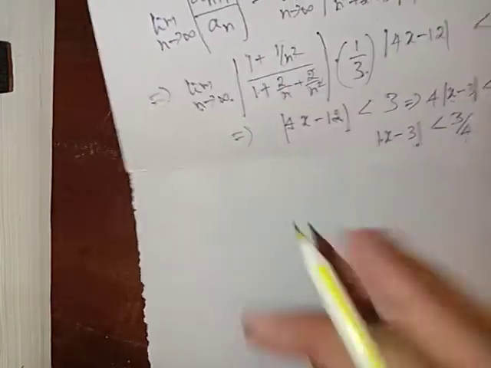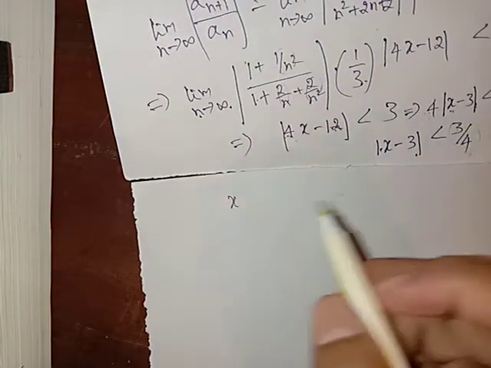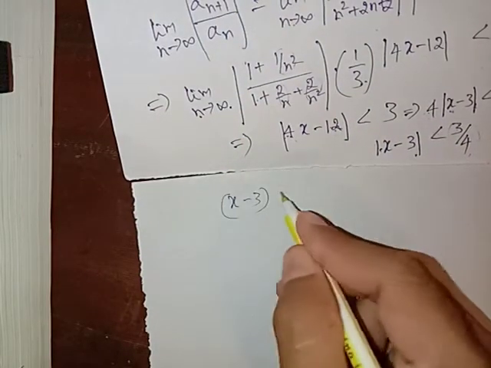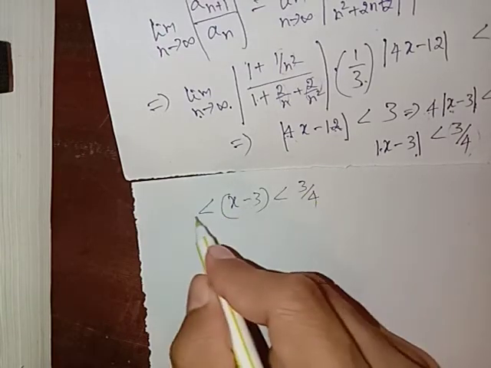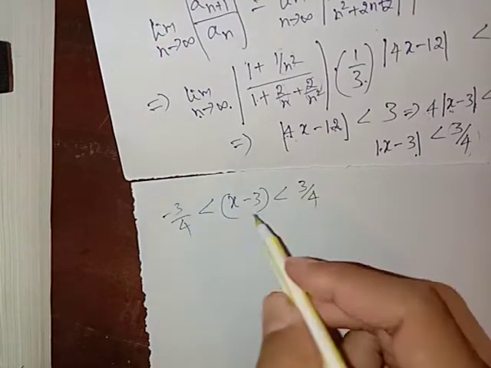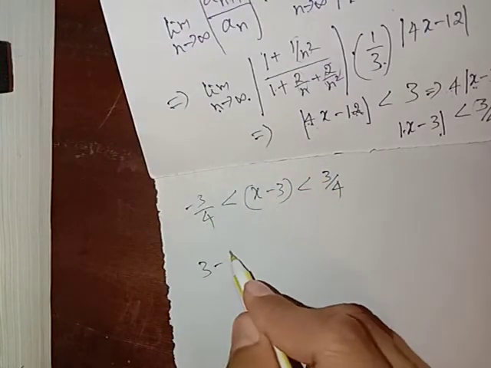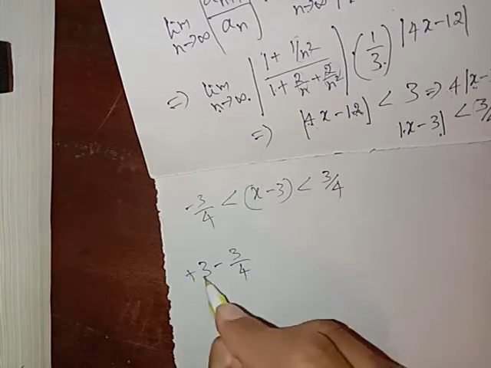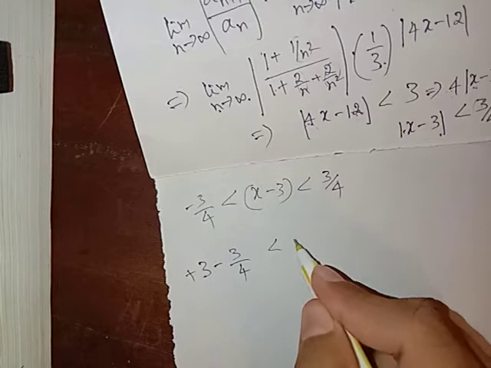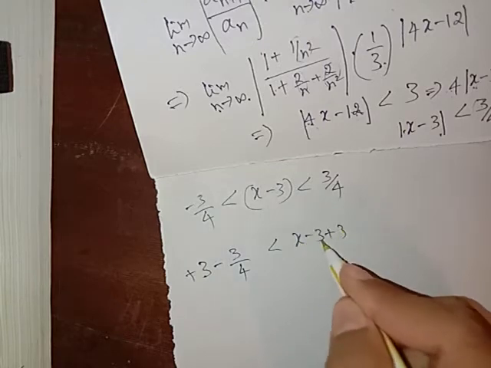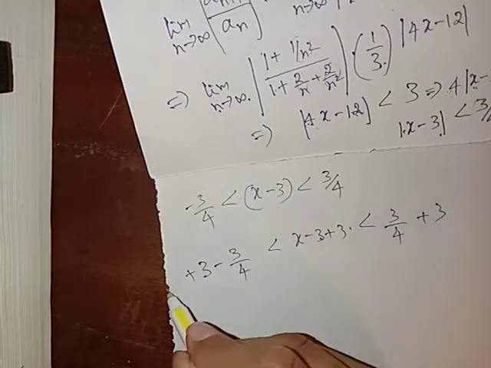Now the modulus of x-3 is less than 3 by 4, so x-3 is less than 3 by 4 and greater than -3 by 4. If we add 3 to each part, x-3+3 becomes x, and 3 divided by 4 plus 3.